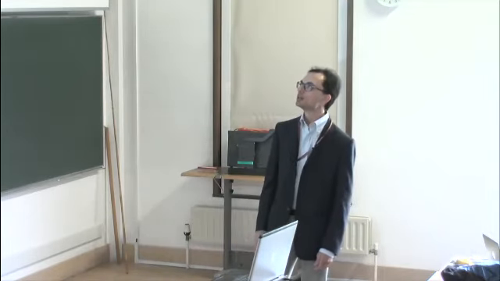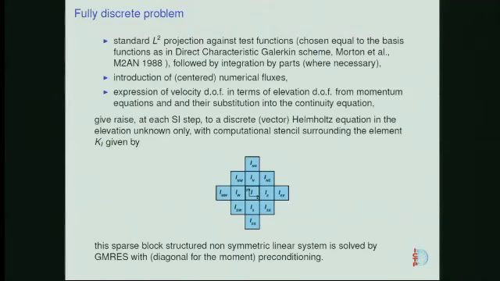To finish with the description of the numerical formulation, very standard, we project our equation onto the finite dimensional subspaces. We introduce numerical fluxes and express the velocity degrees of freedom from the momentum equation into the continuity equation. And then we get a discrete Helmholtz equation in the free surface elevation only.